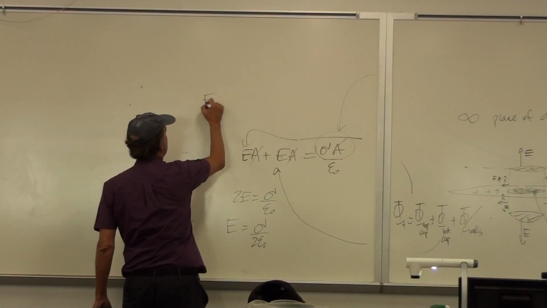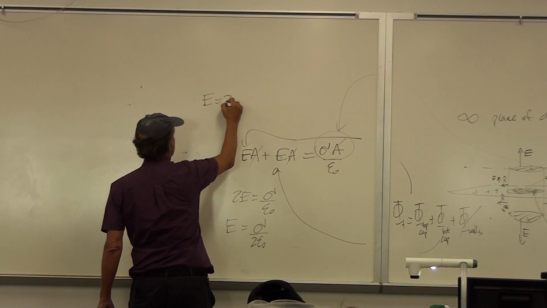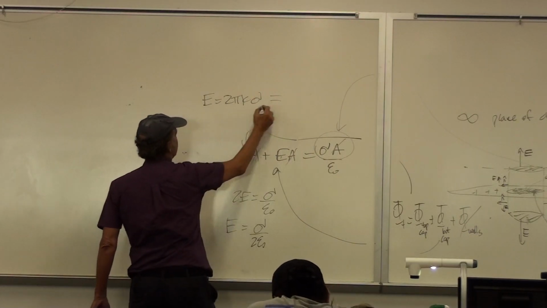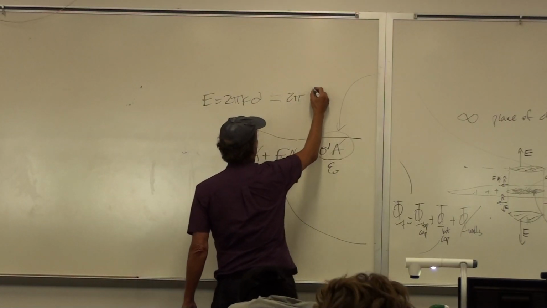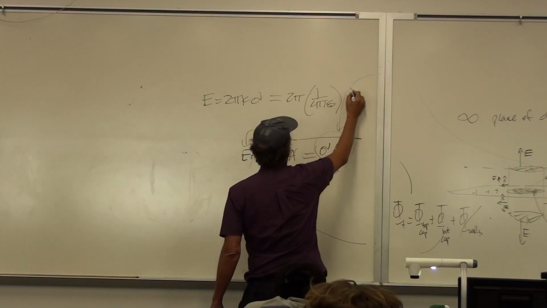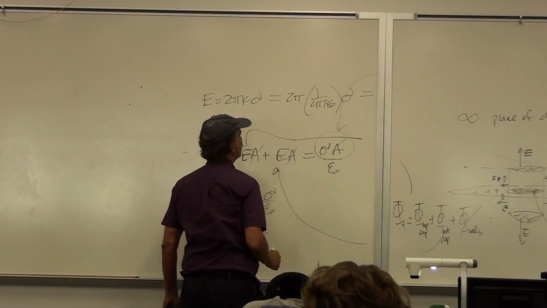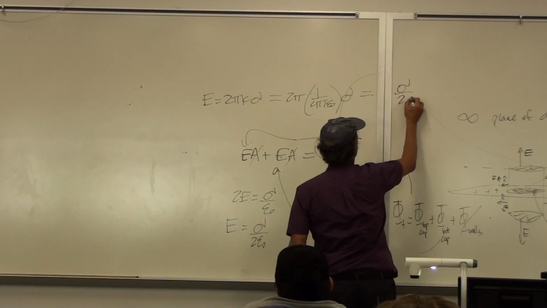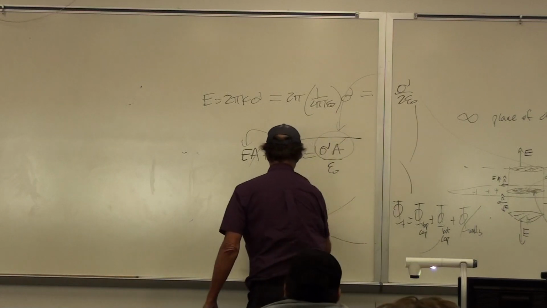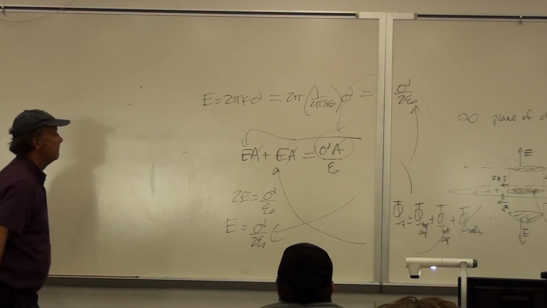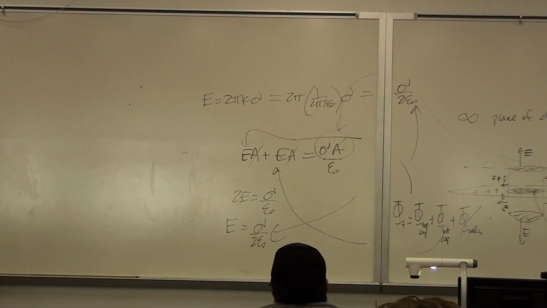We got E equal to 2 pi k sigma. So let's rewrite k as 1 over 4 pi epsilon naught, times sigma. So that just gives us sigma over 2 epsilon naught. So we see that these two agree, and we did it in just one step using Gauss's law.